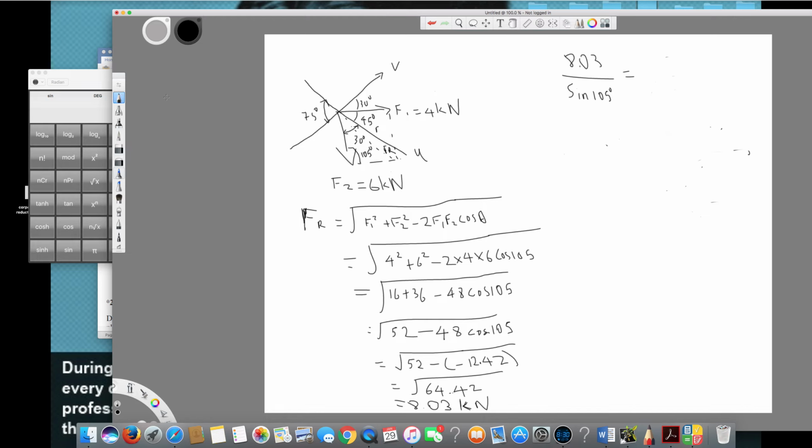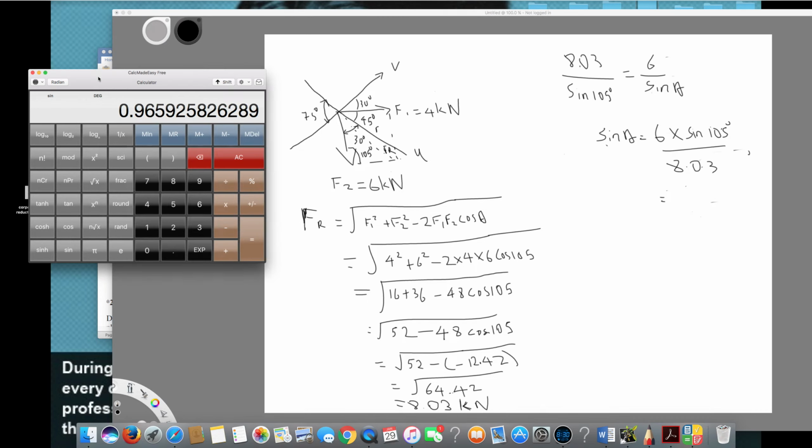So 6 over sine theta. Sine theta is going to be equal to 6 multiplied by sine 105 divided by 8.03.